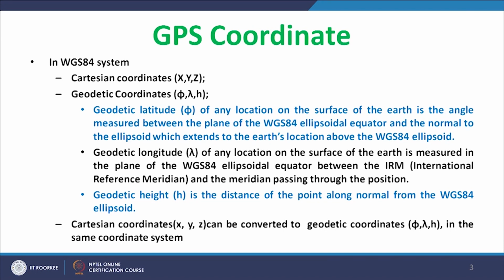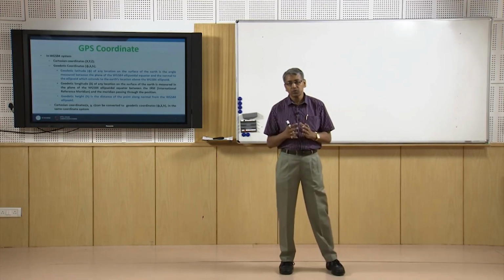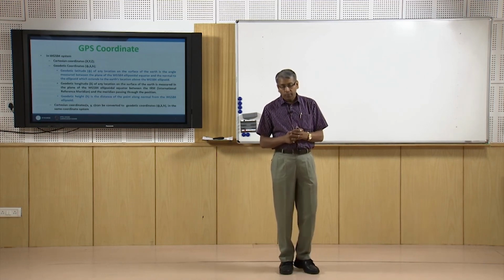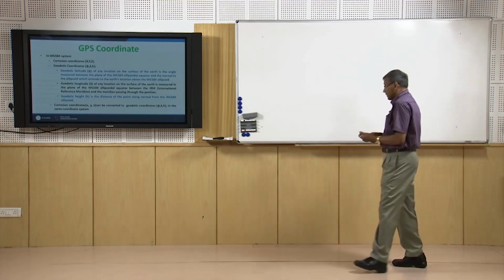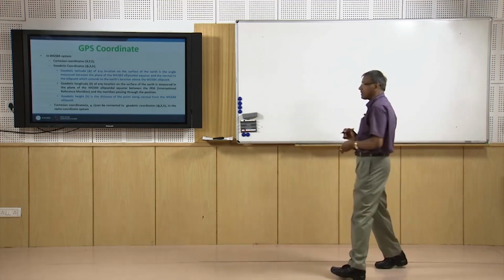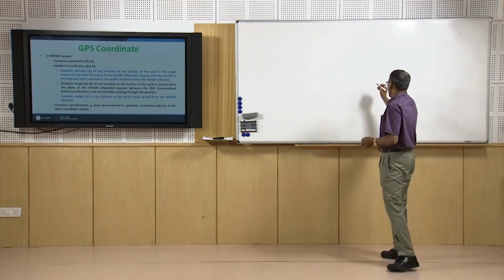As we know, whenever we talk about coordinates or position, it must be with respect to some reference. So we need to know the references with which these coordinates are being defined. Whenever we look for a coordinate system, the first thing we need to know is the origin.